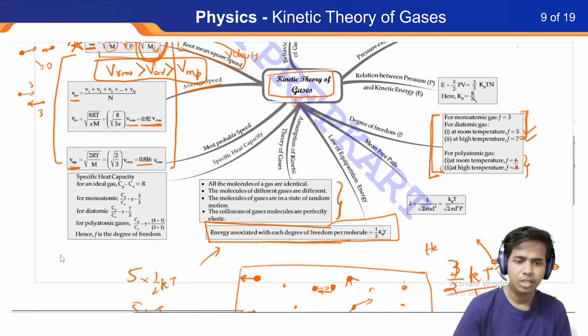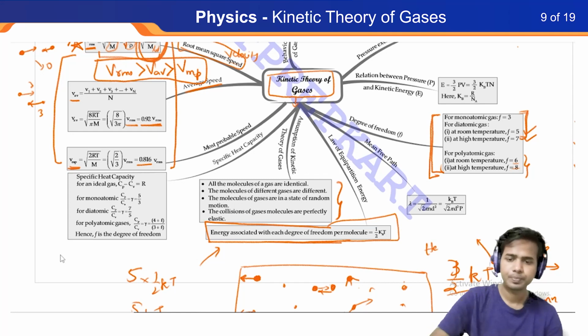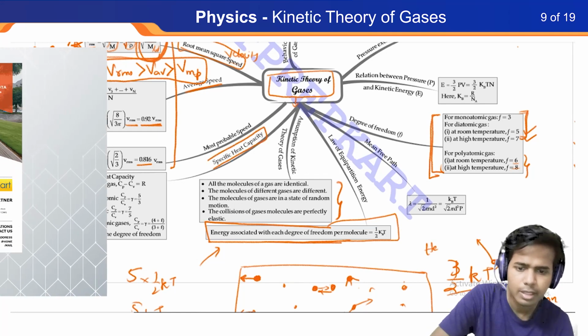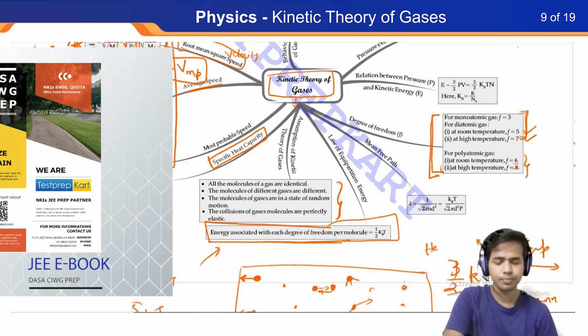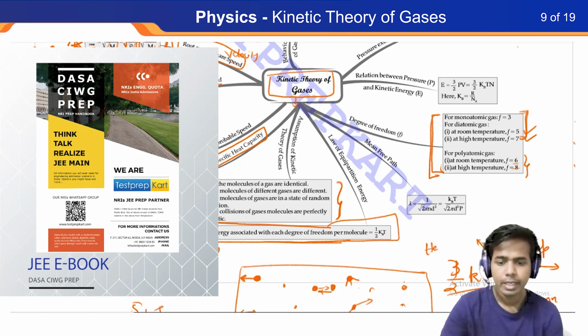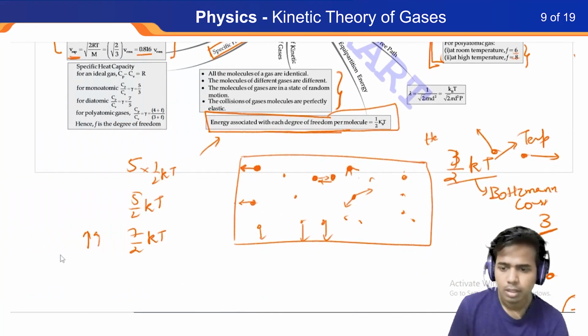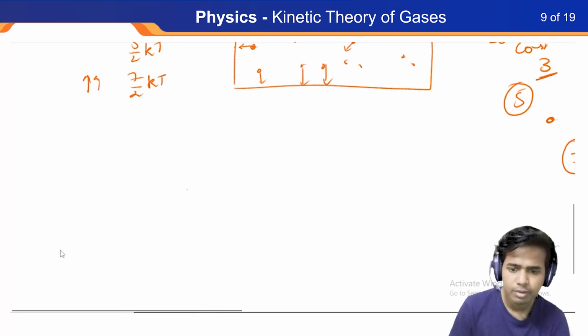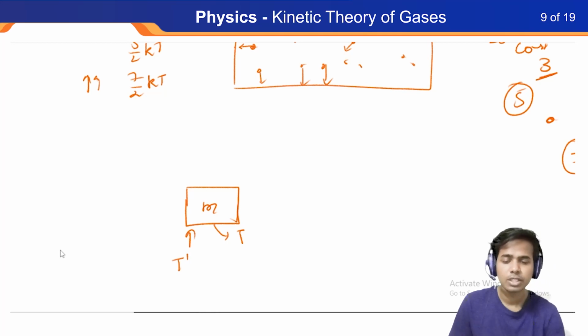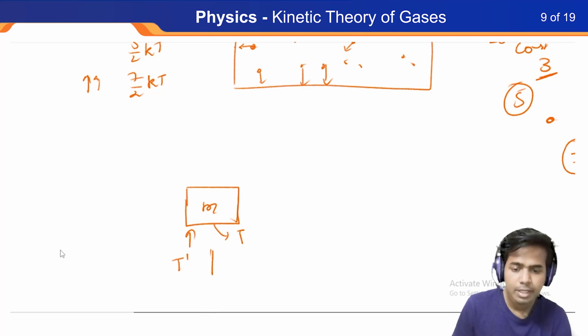Now, coming to specific heat capacity. We had discussed specific heat capacity earlier in the calorimetry part, in which specific heat capacity is basically, see, we have, let's say, an object of mass m at a temperature T, and you want the temperature to be raised to T dash, then you will have to provide some heat, right?